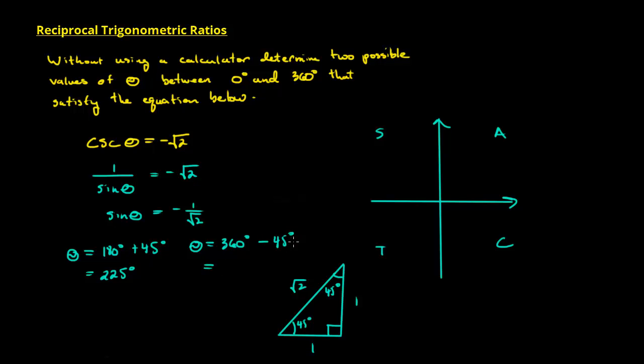And 360 degrees minus 45 degrees is 315 degrees. So the two possible values for theta are 225 degrees and 315 degrees.